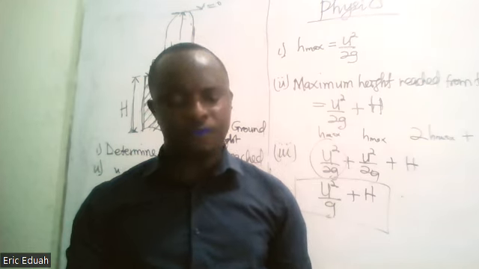C, when will it return to the ground? And D, with what velocity will it return to the ground? Take G, acceleration due to gravity, as 10 meters per second squared. This is the problem of the day. Please, I'm giving you 5 minutes to give it a try, and I'll get back to you.